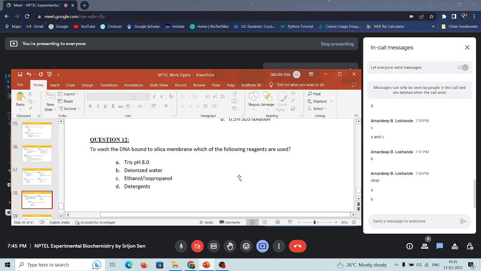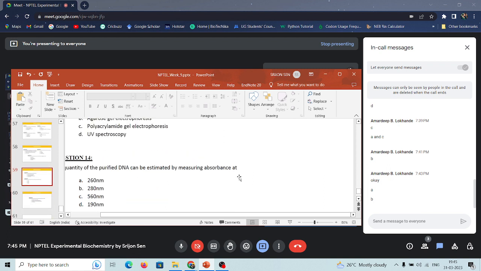What you add over there is 100% ethanol. Then you make it a wash buffer, and that wash buffer is used for washing your DNA bound to your silica membrane. So you basically use ethanol or isopropanol.